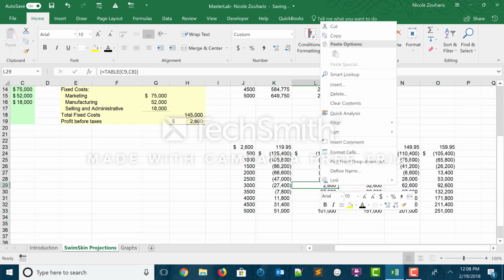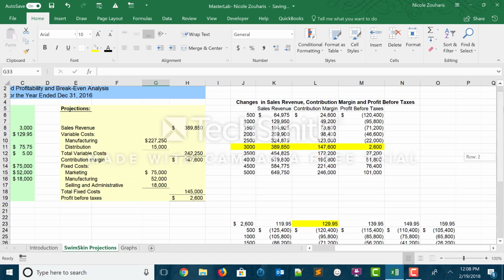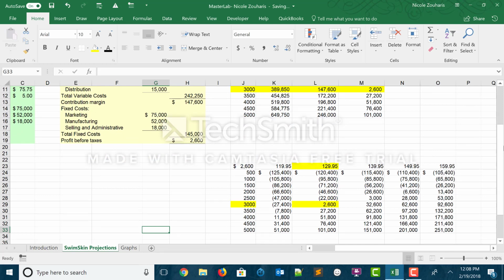And here is our break-even point at our current projections that we've made. So there we have it. We have 1 and 2 variable data tables.